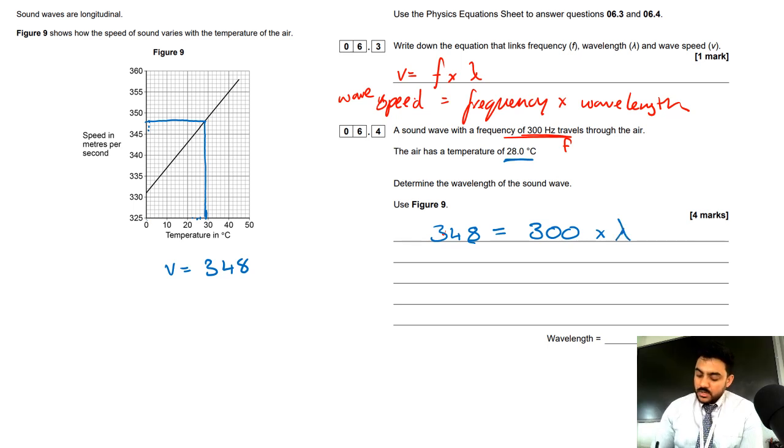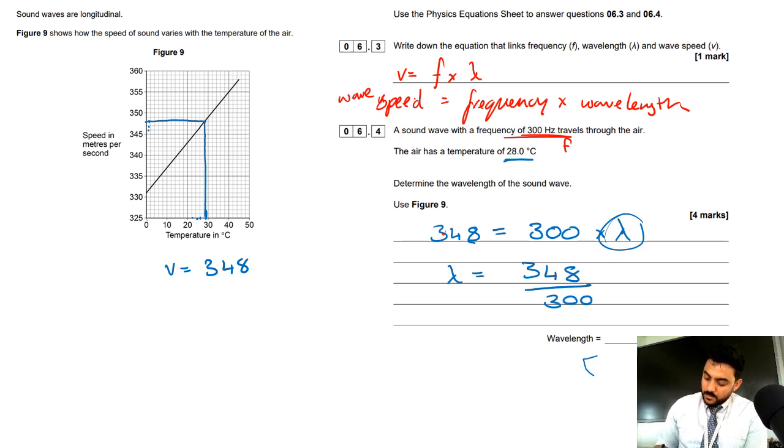Next, to get lambda on its own, you need to do 348 divided by 300. So let's pause for a moment and think why I have done that. To get lambda on its own, or wavelength on its own, I need to get rid of the 300.